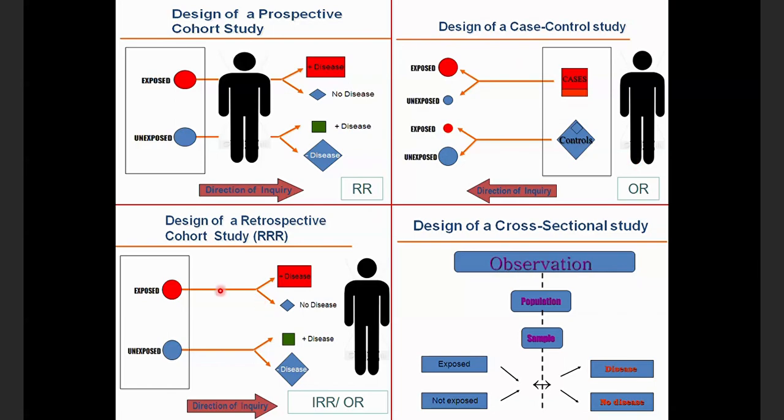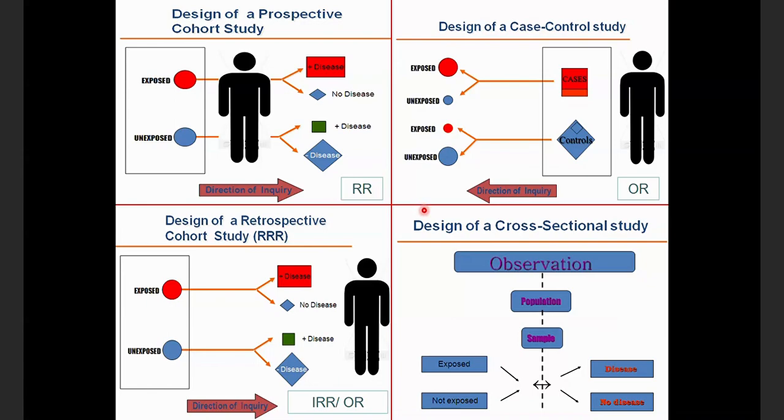In retrospective cohort, you can measure odds ratio. IRR is incidence risk ratio, but never mind, just ignore IRR, just remember OR only. Case control can also measure odds ratio, but for cross-sectional study, no, you cannot measure any risk assessment.